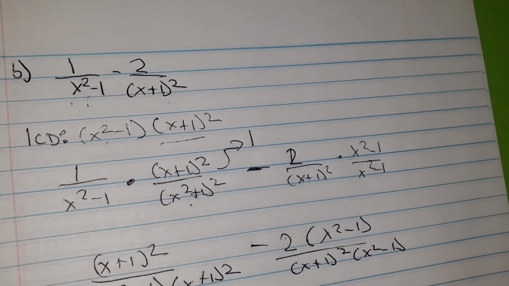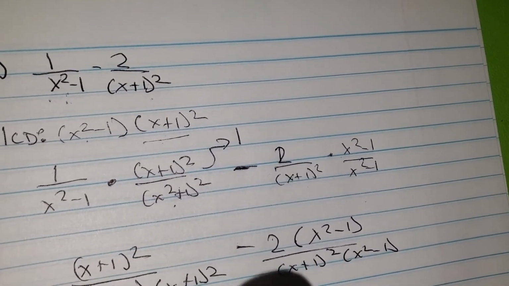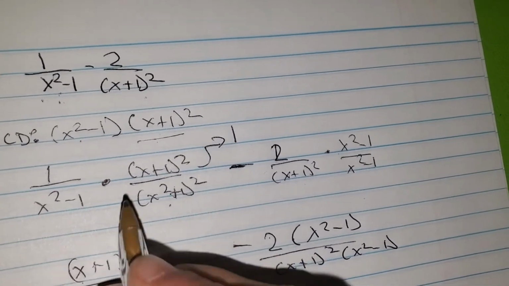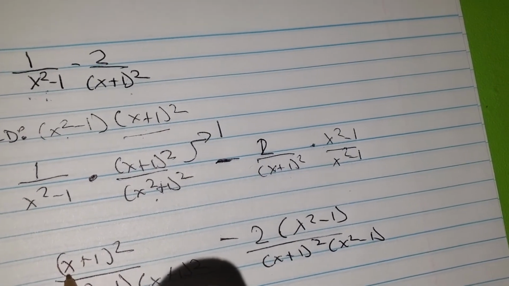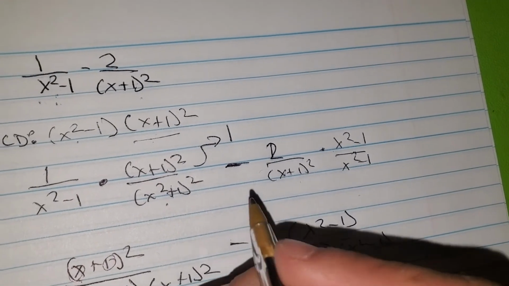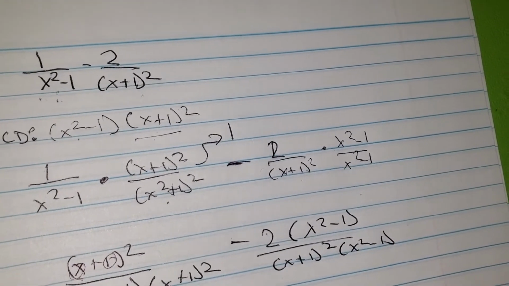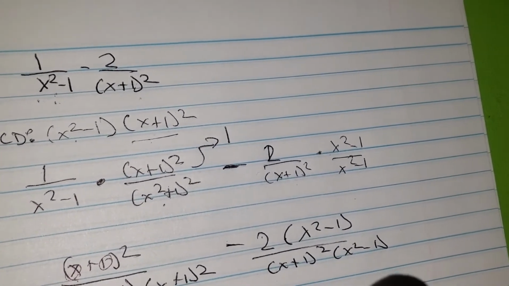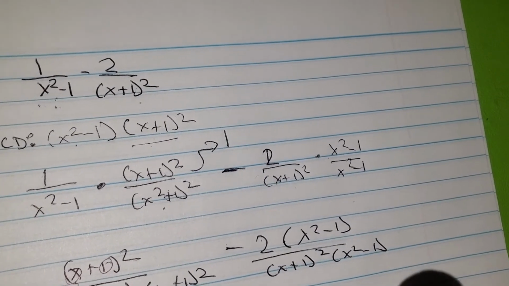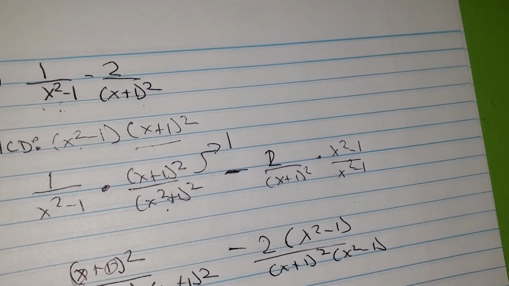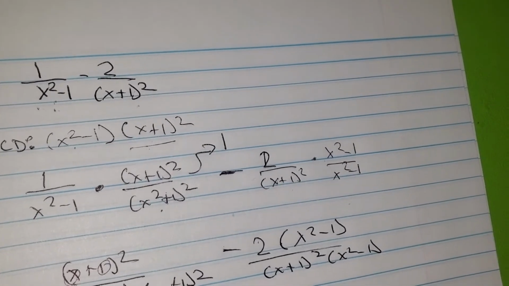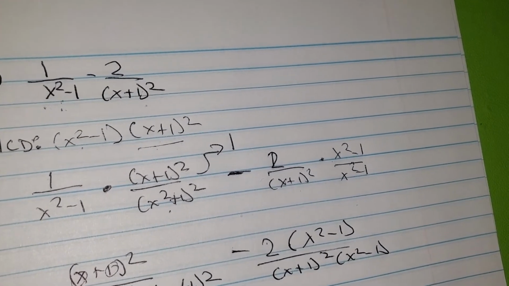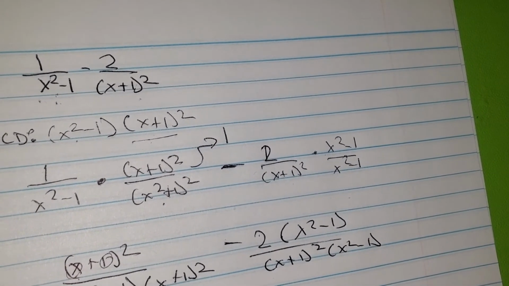There's a rule for a perfect square binomial. We take the first term and square it, then we multiply the first portion and the second portion of this binomial, so 2 times 1 times x, and then we square the last. First squared plus 2 times first times last plus last squared.